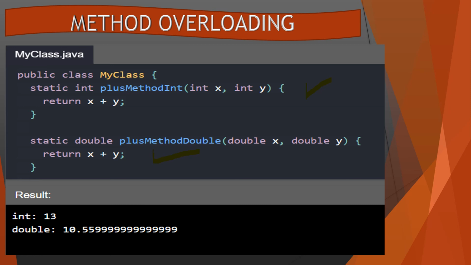And in the plus method double, our parameters are double x and double y. As a result, because they are of different types, look at our sample output here. We have the integer output and we have the double output.